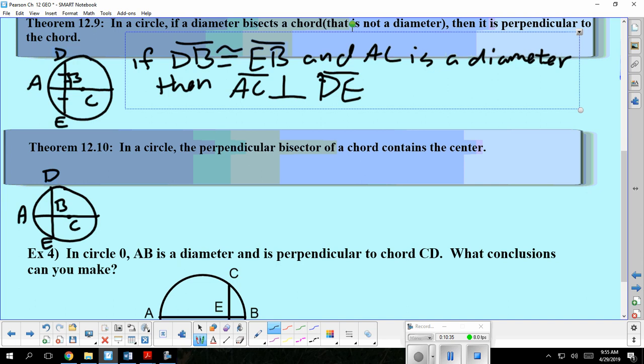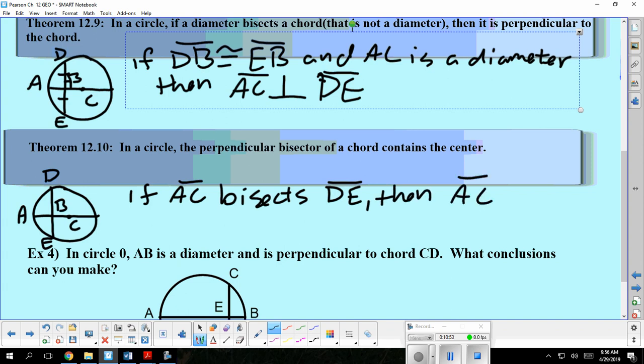So if AC bisects DE, then AC must be a diameter.